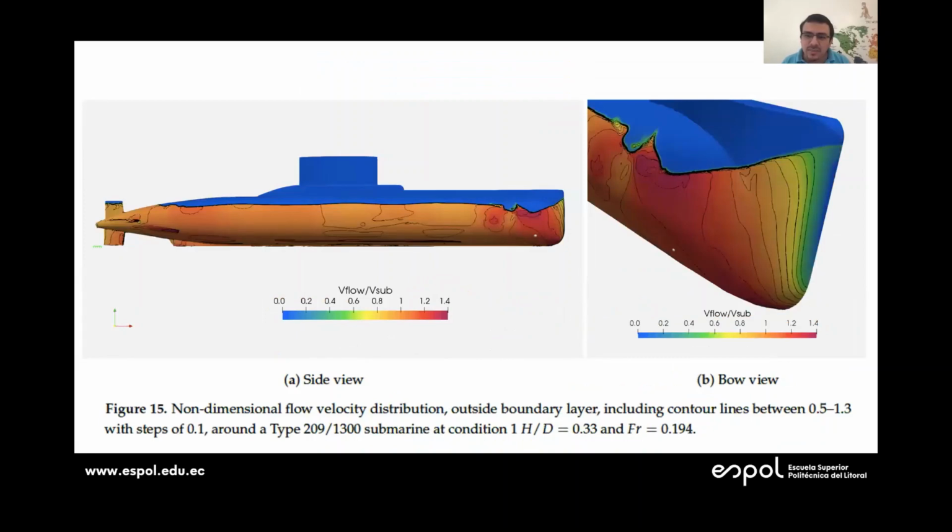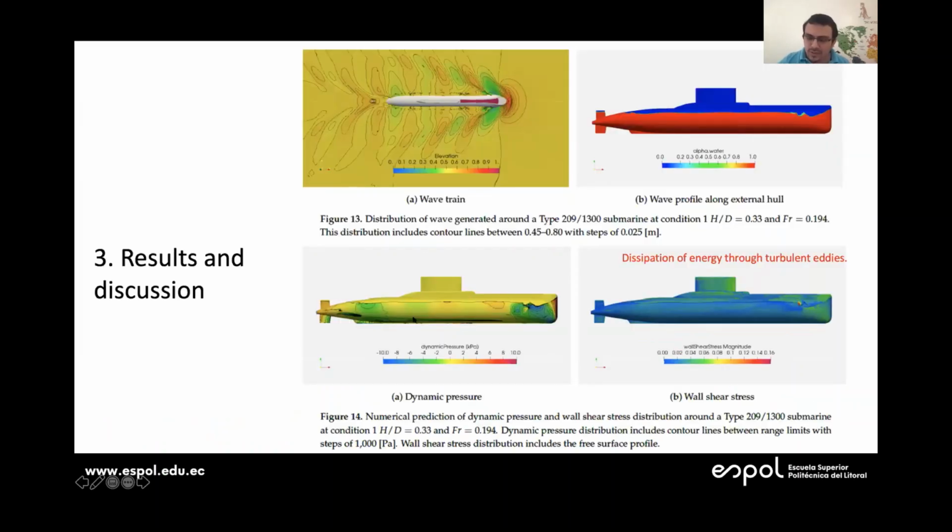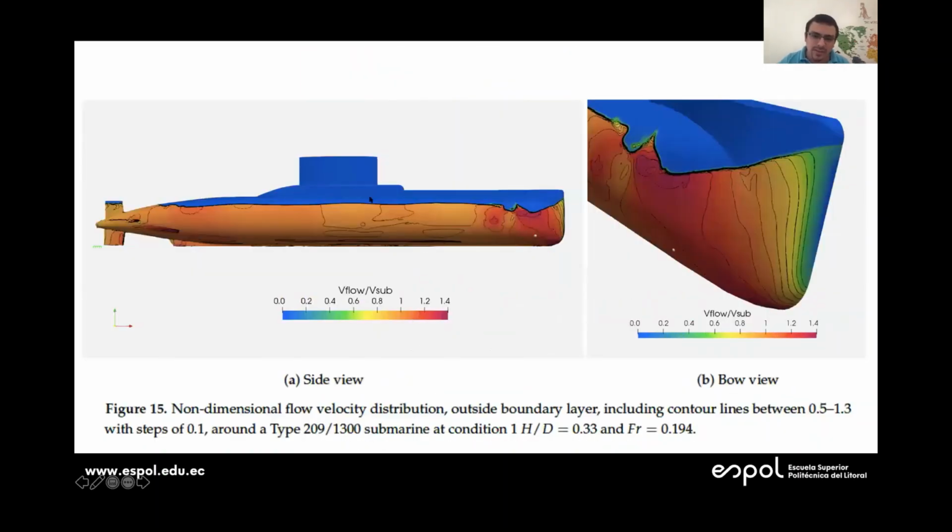An additional step that was important for us was to assess how the flow velocity changed along the hull. We used the dynamic pressure distribution through Bernoulli to estimate the velocity outside the boundary layer. This gray dot corresponds to the position of the speed probe.